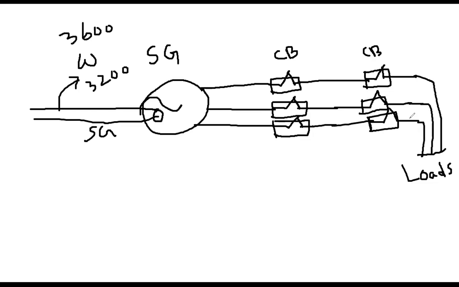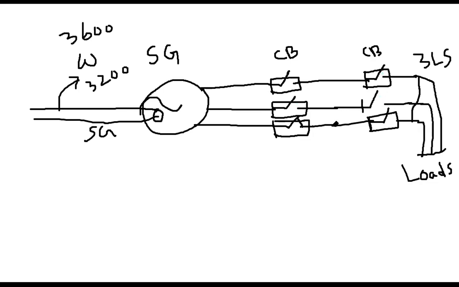Now everybody see, for example, some fault happened. In this case, a 3LS, 3-phase short happened. Once the fault happened, what will happen? This circuit breaker will open. You look, these will open.